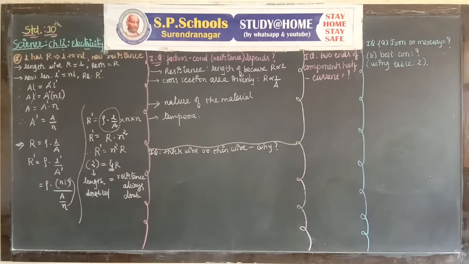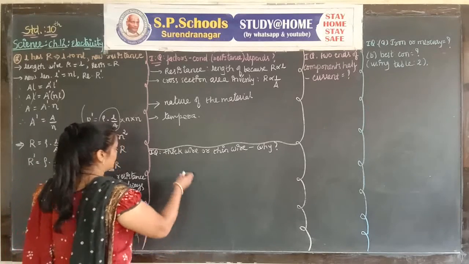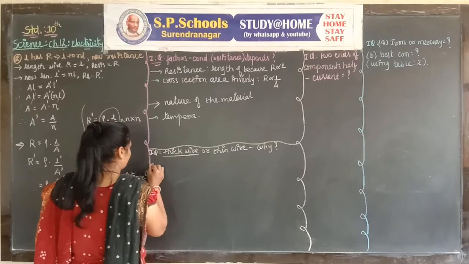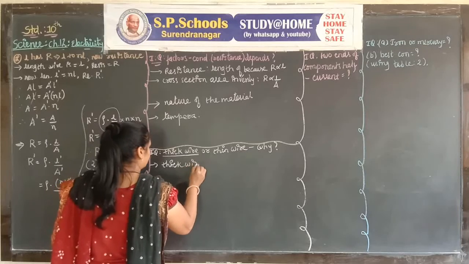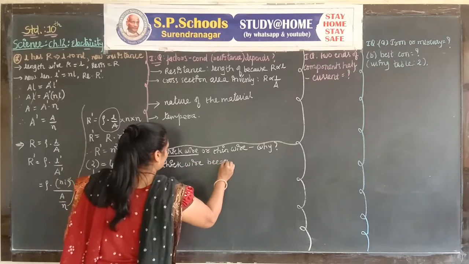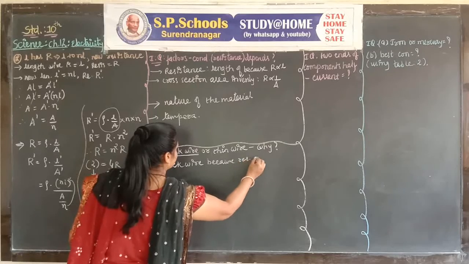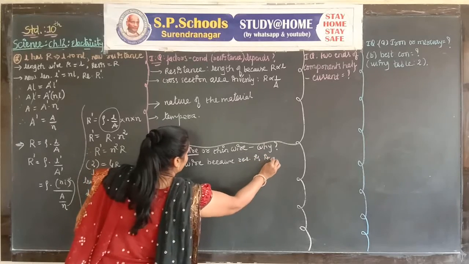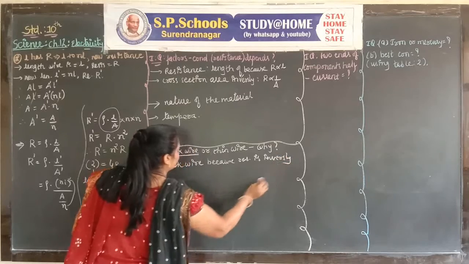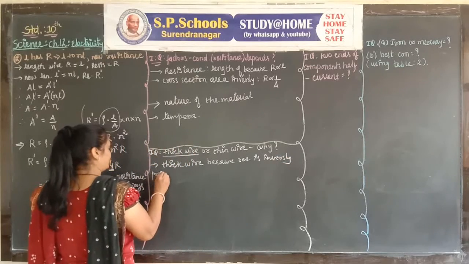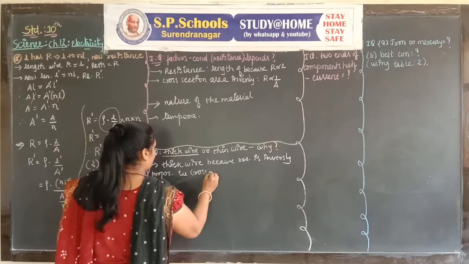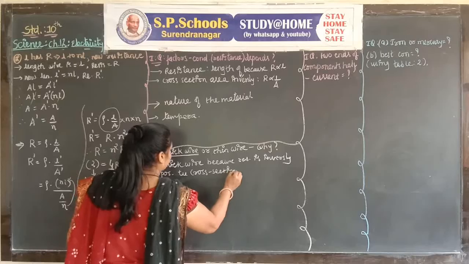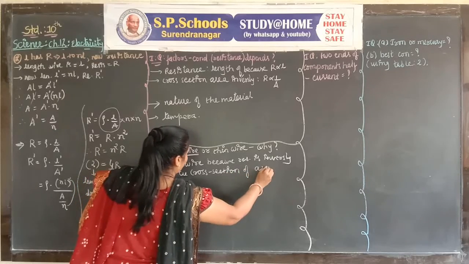Simply, we already know the thick wire is a good conductor, because the resistance is inversely proportional to the cross section area.